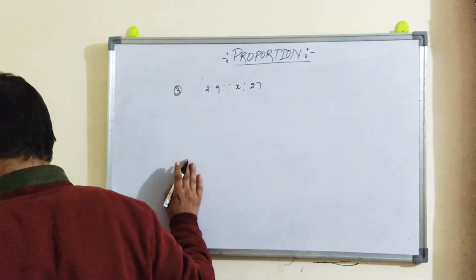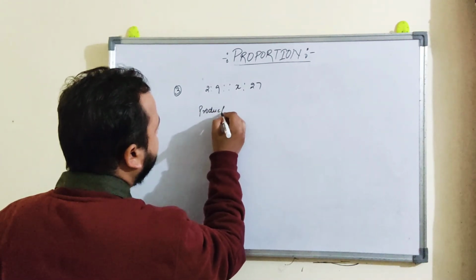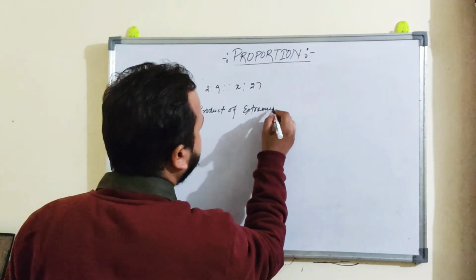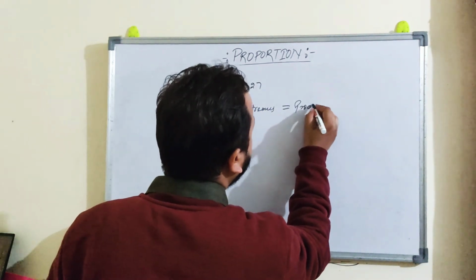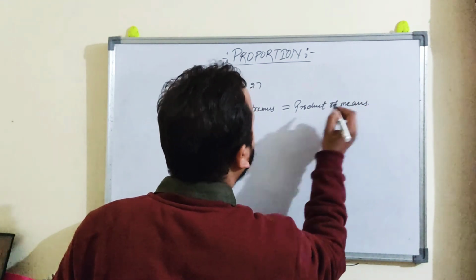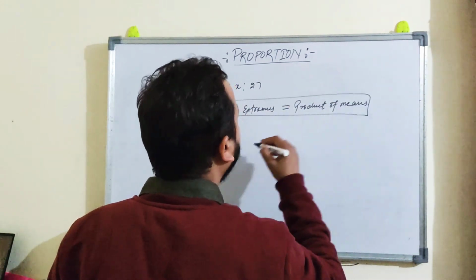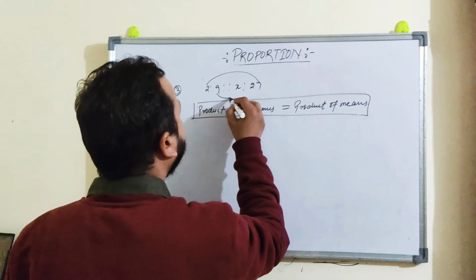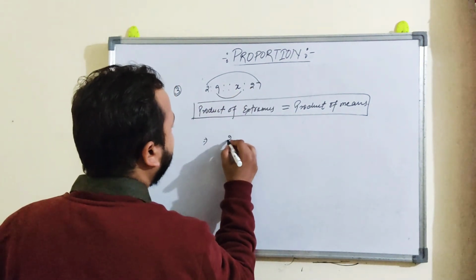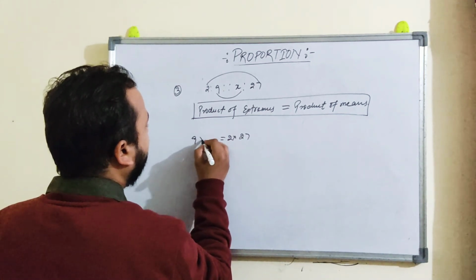Now you have to use that particular formula, that is what? Product of extremes is equal to product of means. This you have to use. Now do the cross multiplication. So 2 into 27 is equal to 9 into x.